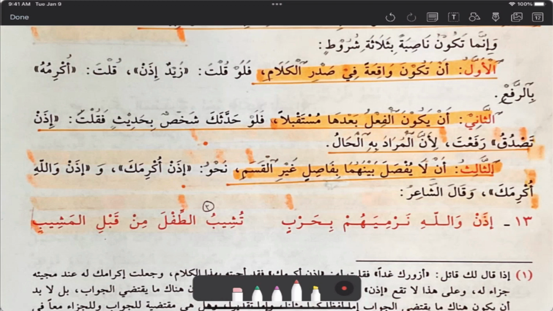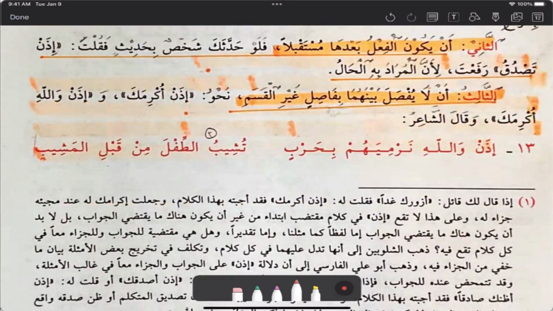Since you didn't start your sentence with idhan, then even though idhan would be connected to ukrimuhu, you use rafa'. You don't say ukrimahu with nasb. Zaydun idhan ukrimuhu. So you say Zayd, then I will be hospitable to him.